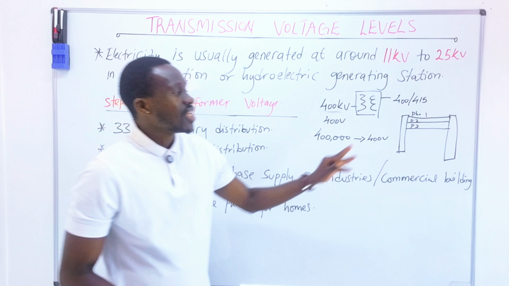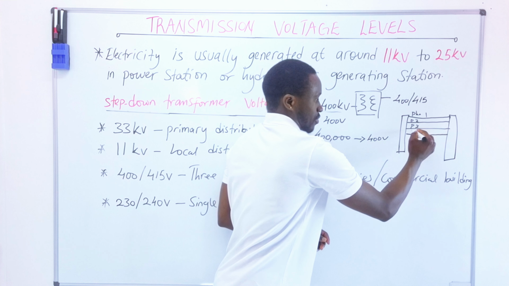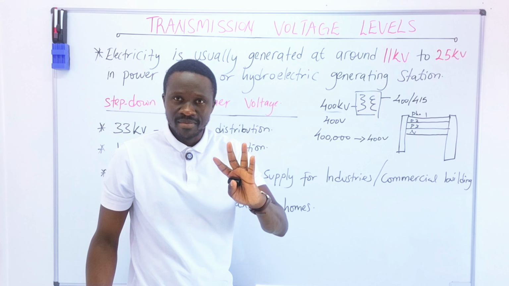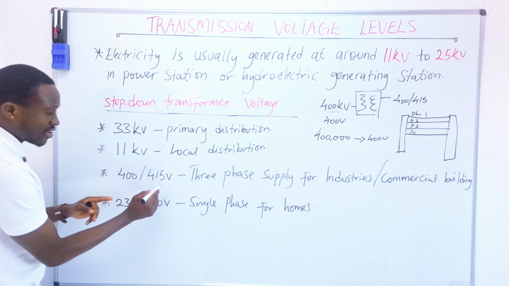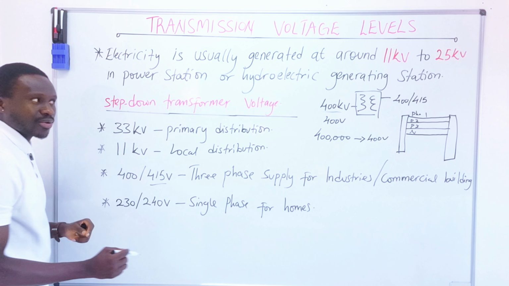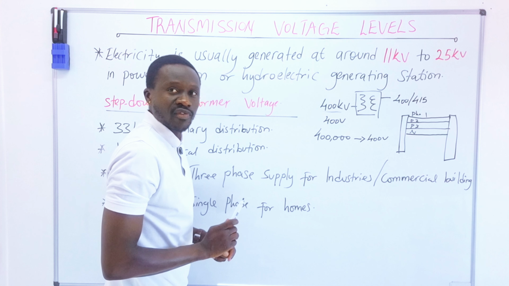Now, it may even be with the neutral. This is phase 1, phase 2, phase 3, then the neutral. This is a three-phase, four-wire system, which carries 415 volts. This transformer may step down to 415 volts.